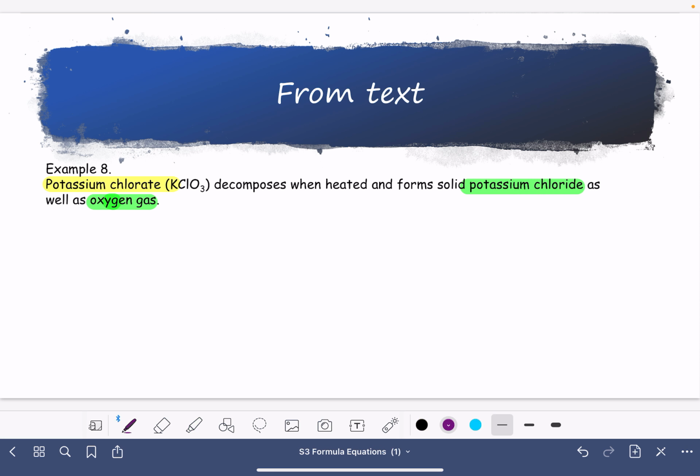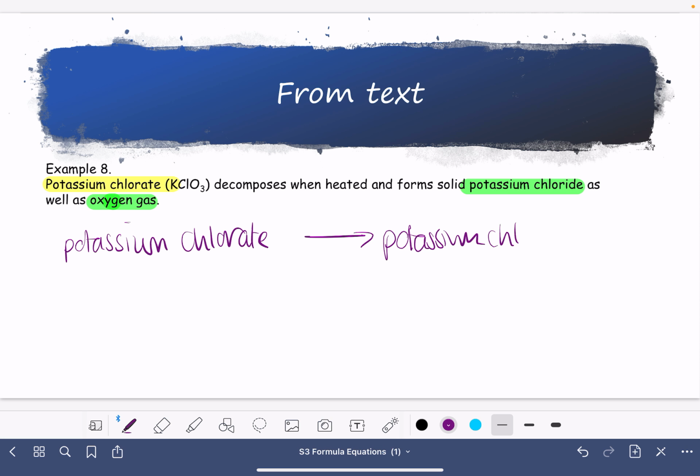So our word equation would then be potassium chlorate, arrow, potassium chloride, and oxygen. Okay, so substituting in the correct formula. For the potassium chlorate, we're given in the question KClO3.